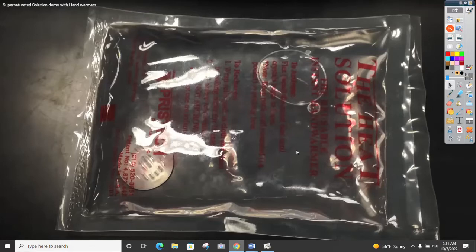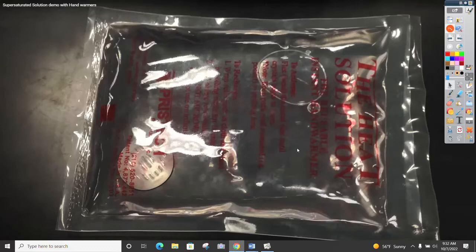This contains a supersaturated solution of sodium acetate. To create your supersaturated solution, you've got to just baby that solution. You've got to have perfectly clean glassware with no scratches, no imperfections.